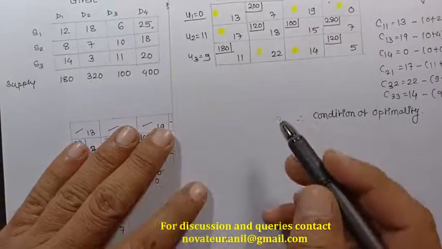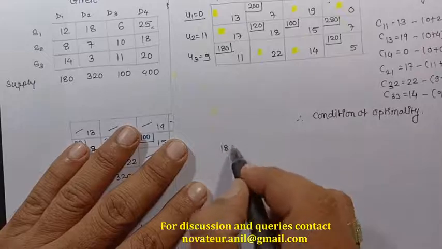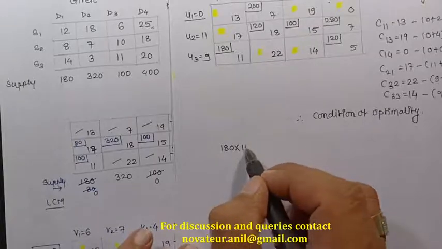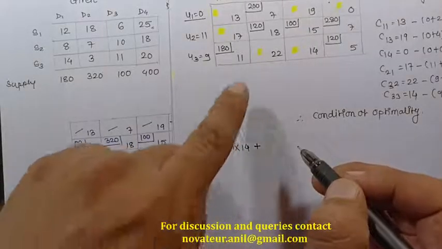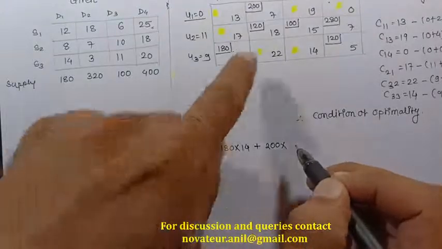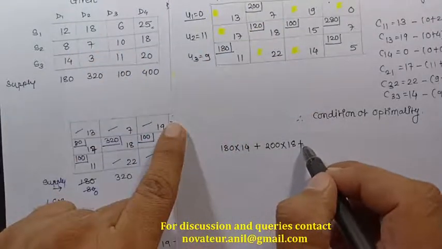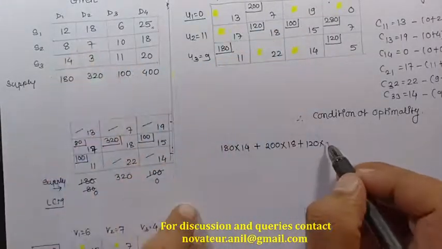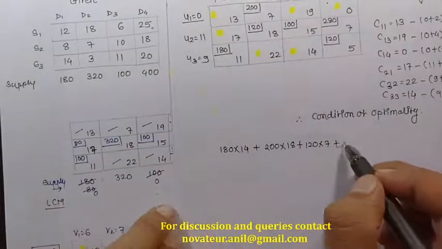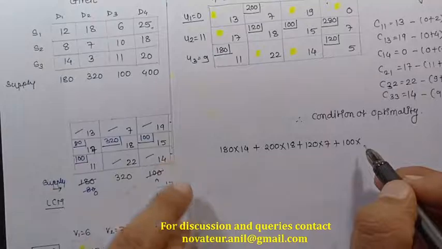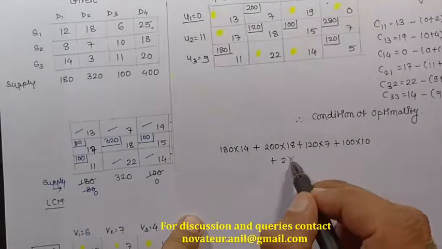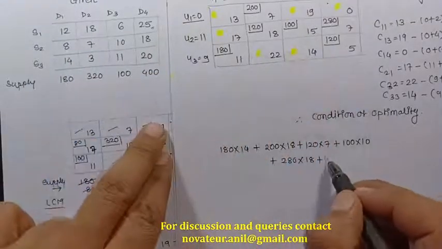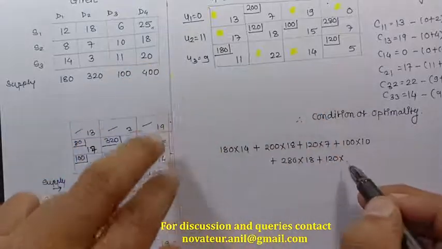So here I'll just write down the original values, this is my original matrix. So here 180 into, instead of 11 it comes 14, plus 200, instead of 7 here it is 18, plus 120, instead of 18 it will be 7, plus 100, instead of 15 it will be 10, plus 280, instead of 7 it will be 18, and 120, instead of this 5 I am using 20.